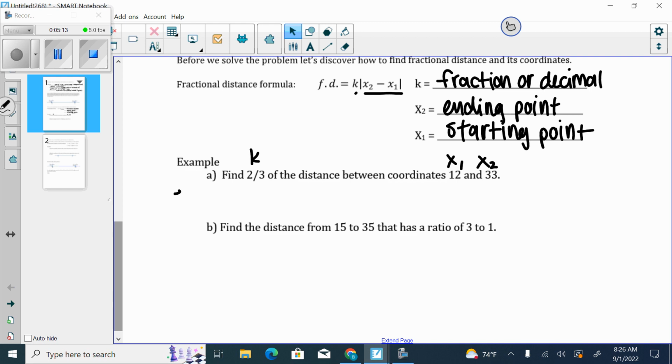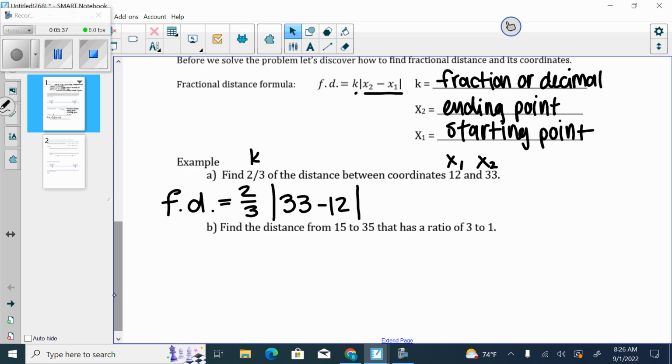Okay, so my fractional distance here is equal to K, which for us is 2/3, times the absolute value of x2 minus x1, which for us would be 33 minus 12. Okay.